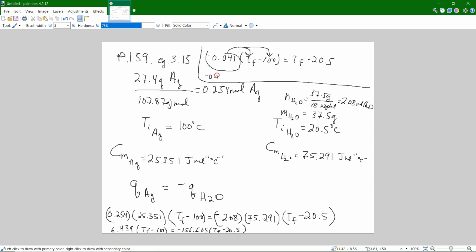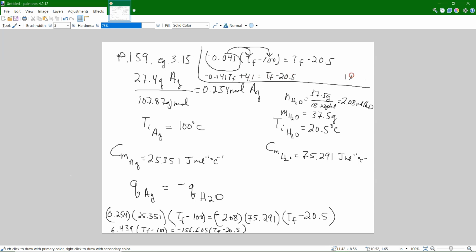So minus 0.041 T final plus 0.041 times 100 is 4.1, plus 4.1 equals T final minus 20.5. And then we collect the like terms. So we've got a T final plus a 0.041, so that's 1.041.